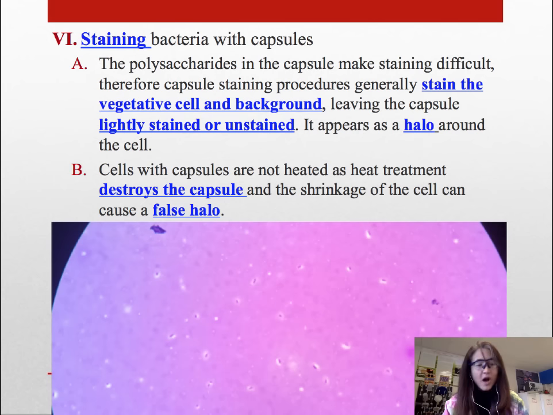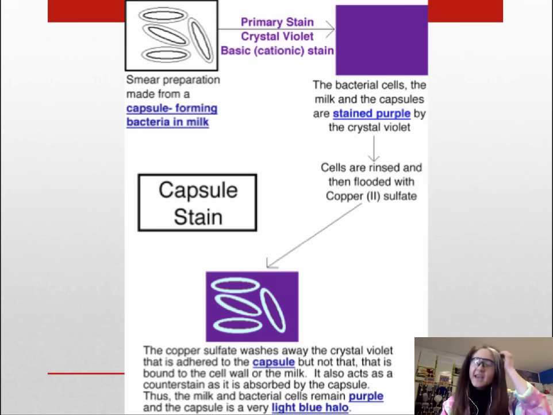Let's look at the process, the staining procedure, in a couple ways here. First, let's look at the formation of the smear preparation. You're going to do the same thing as you would do from a liquid culture. You're going to take a loopful from your liquid culture of milk, put it onto your slide, and let it dry. You need to let it dry completely, and your TAs are going to help facilitate that process.